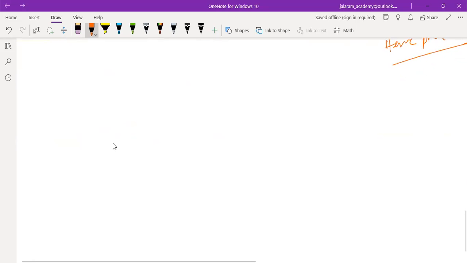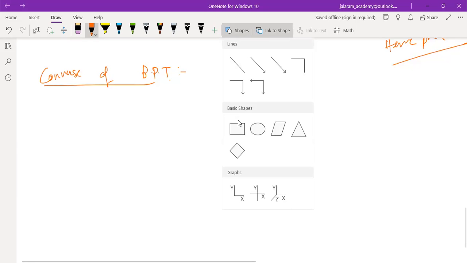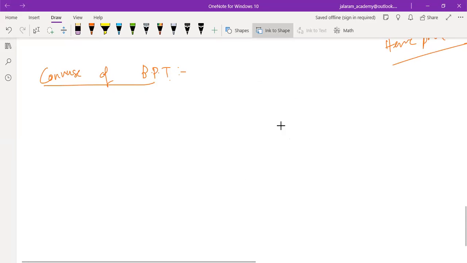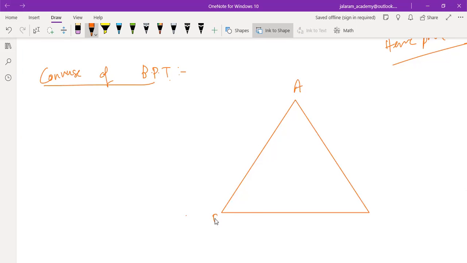So in the next session, we will discuss the converse of the basic proportionality theorem also. First of all, let's discuss its statement only and learn it. Converse of BPT, that is basic proportionality theorem, and this is also related to the triangle. Basic proportionality theorem was also related to similarity.